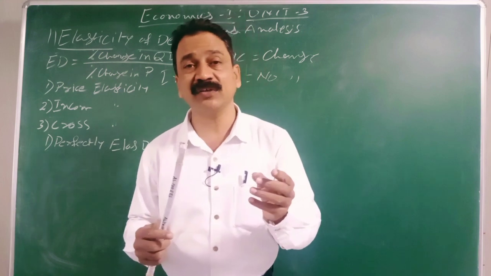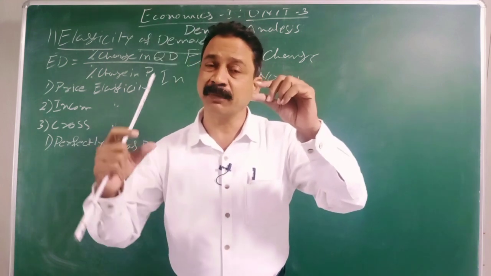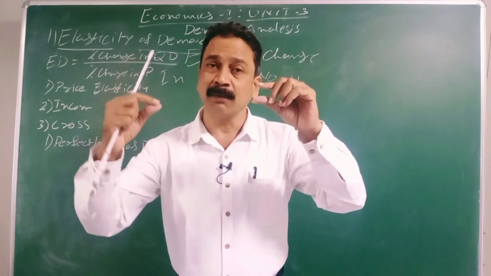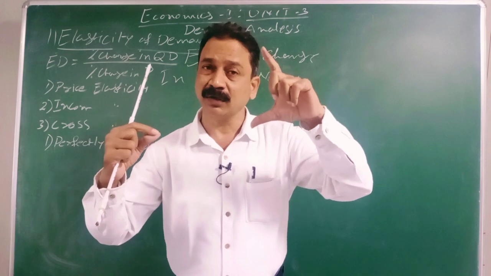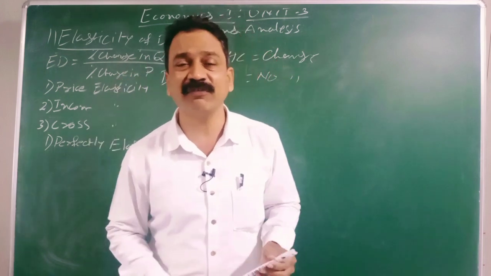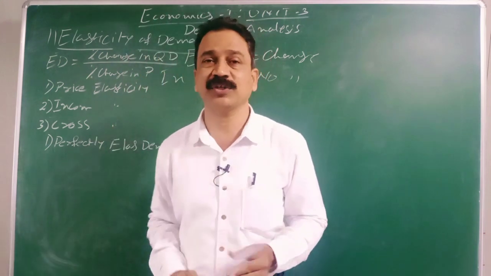And some commodities respond in a different way, like price changes little but the demand changes greater. Sometimes price changes greater, demand changes smaller. These are all different concepts we are going to learn in this intermediate stage.